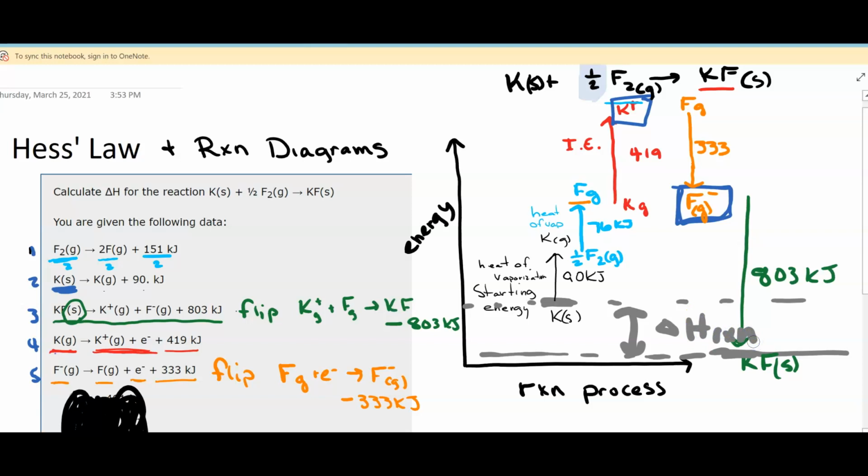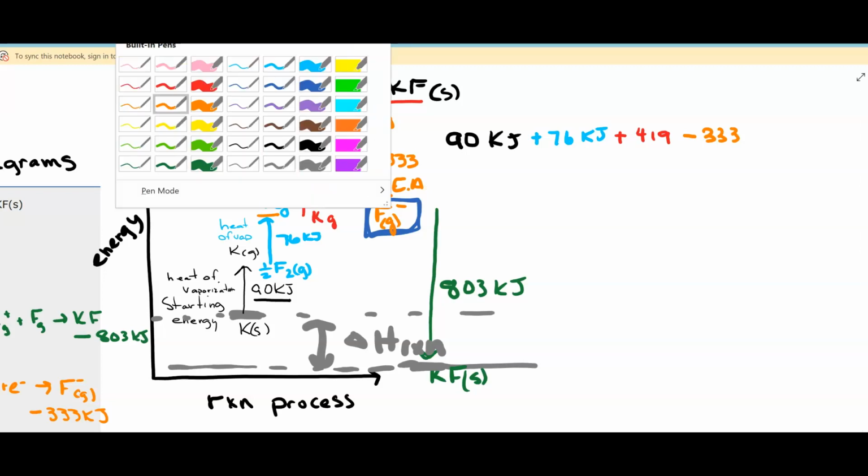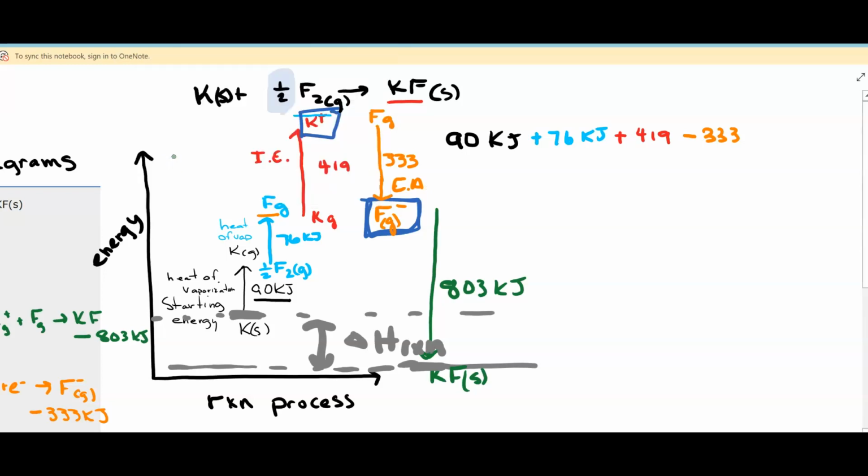How do I find that? Well, let's total things up. 90 kilojoules went in step number 1 right here, plus 76 kilojoules that went in for the heat of vaporization, with the also addition of the ionization energy, 419 kilojoules, the removal of the 333 kilojoules for the electron affinity for the formation of the fluoride ion, and then finally the release of 803 kilojoules for the formation of the salt.